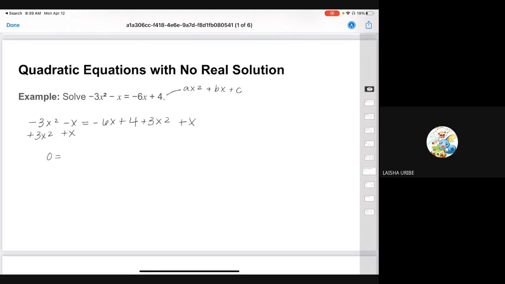So that's 0 equals like this. And so basically now I'm going to combine like terms to see if I can go ahead and get it into standard form.